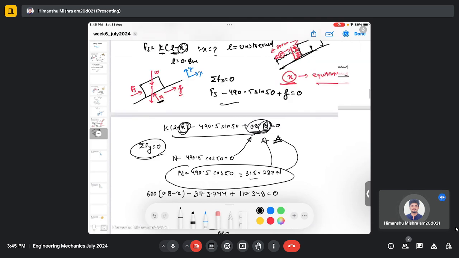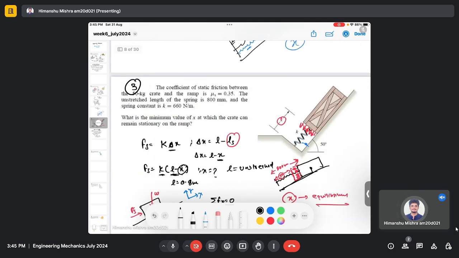So here the only difference is the spring force which is now coming into the system, and here we need to define the spring force, and just make sure that it is defined in terms of delta x, which can be defined as the unstretched length of the spring minus the stretched length of the spring, and the stretched or compressed length of the spring is what we need to find out.